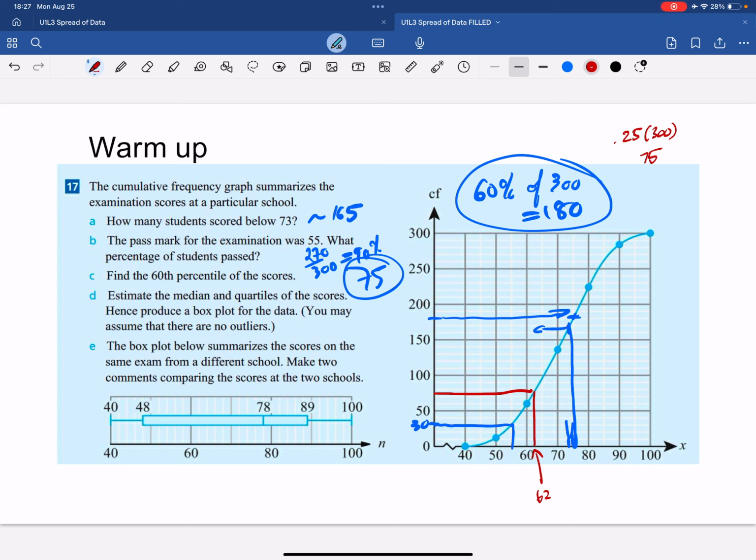If we go to the 75th percentile, it's going to be 225, right? So that would be here. And that looks exactly like an 80.